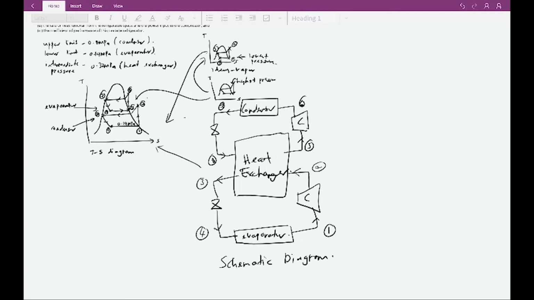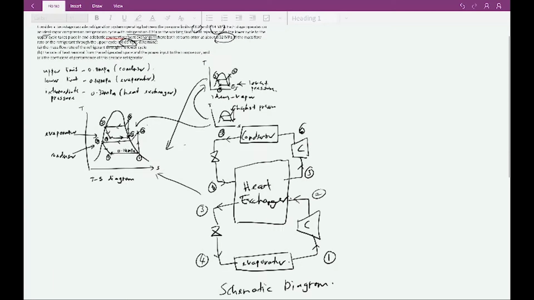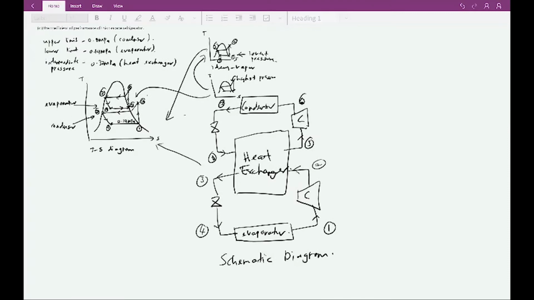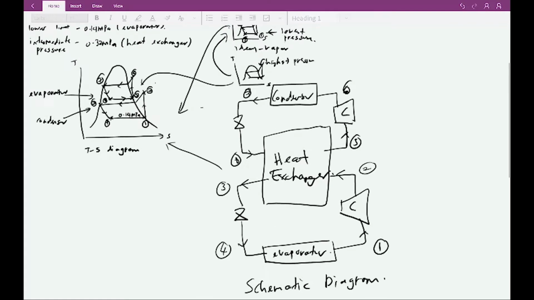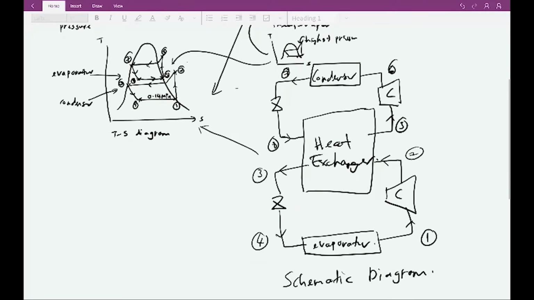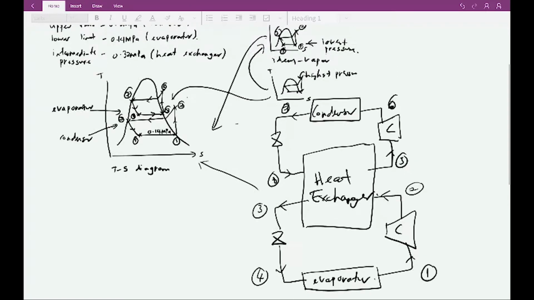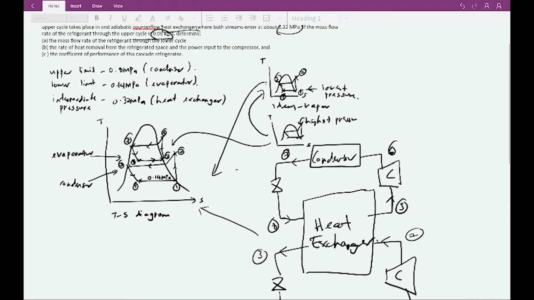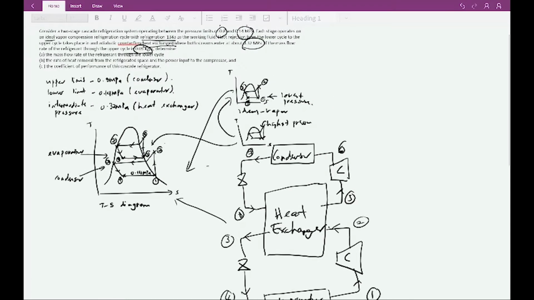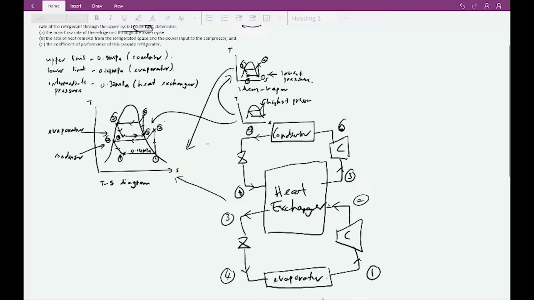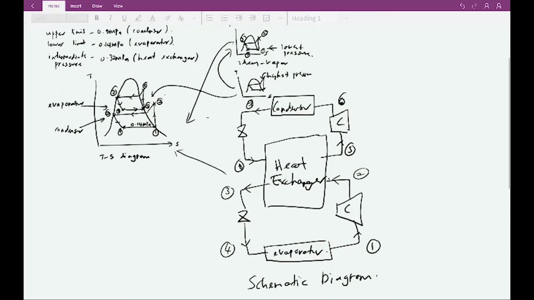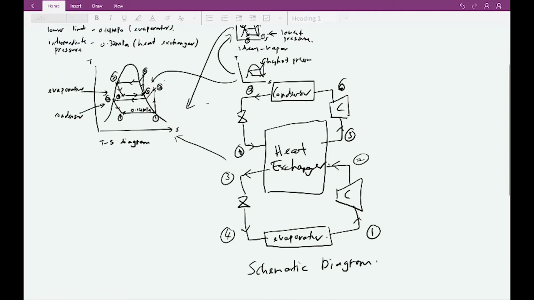We have 8 states here, without looking at questions A, B, and also C. So this is your first step: find the enthalpy. Make sure you have mastered the property tables, because we need a lot of exercise on this property table. Okay, so we start with step 1.